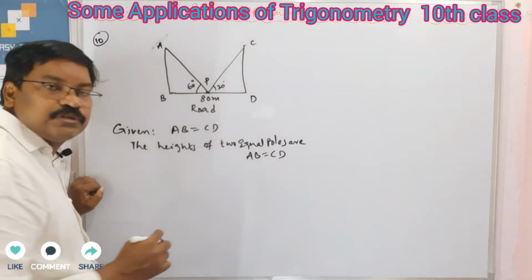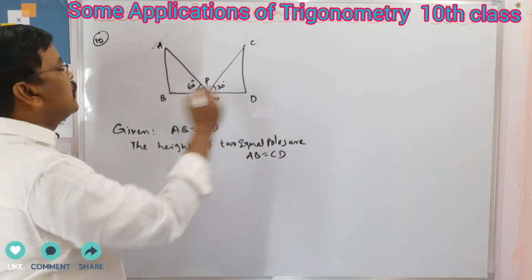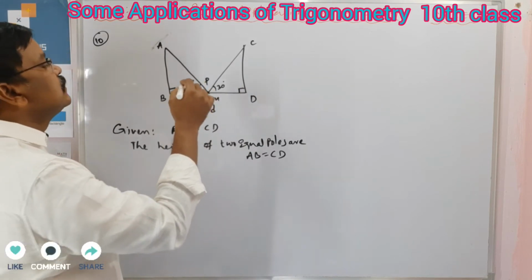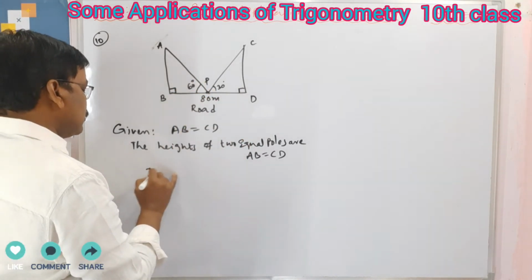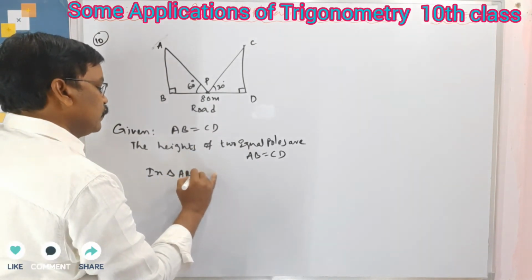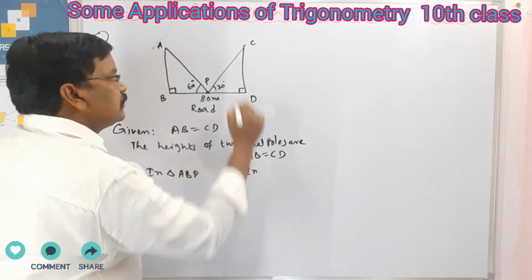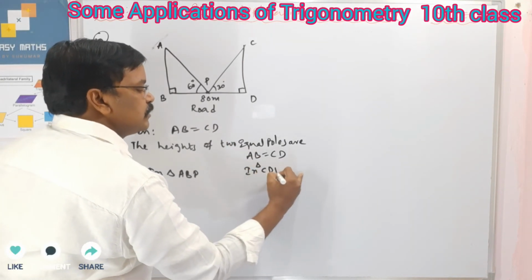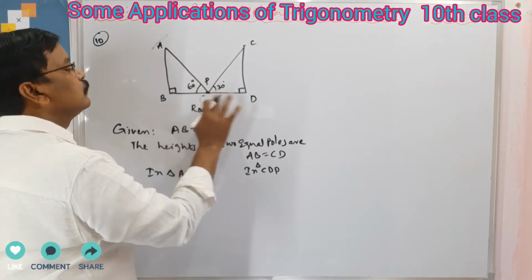AB is equal to CD here. So take the triangles here. First ABP, in triangle ABP, and what is the other triangle? CDP. Triangle CDP. This is P.